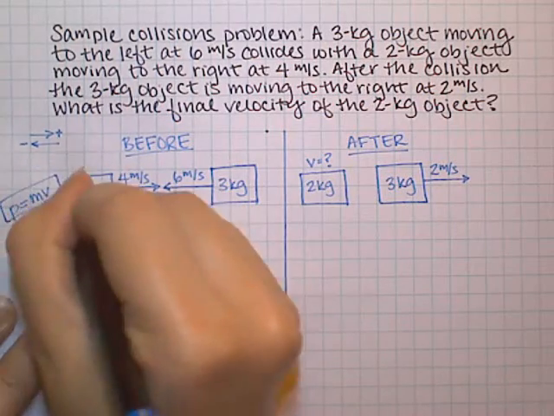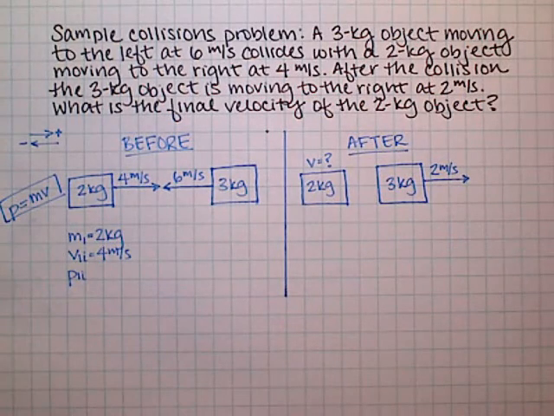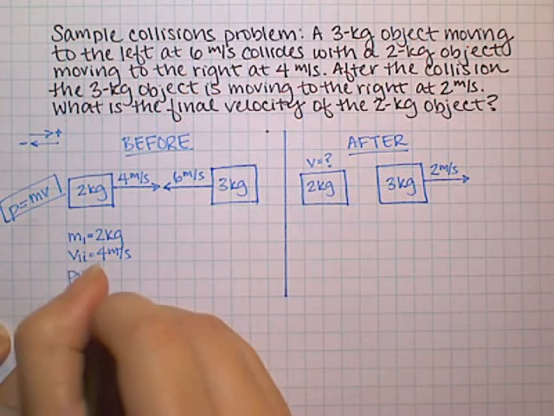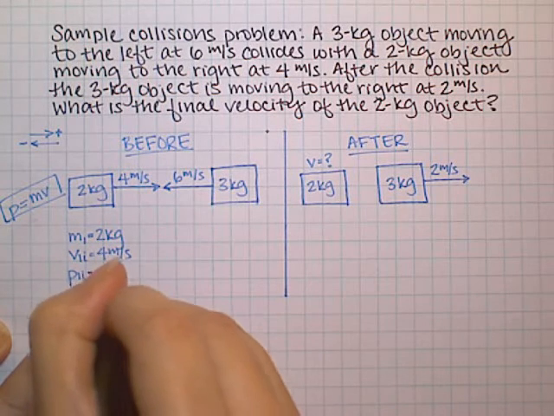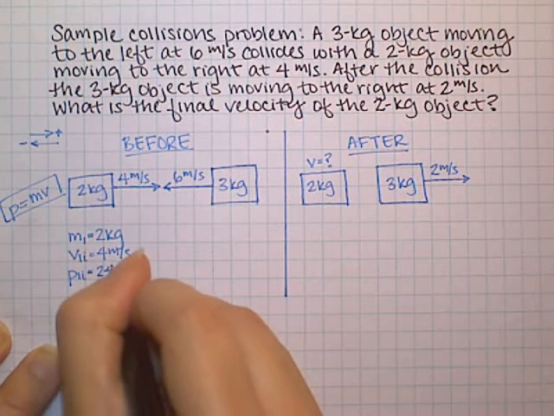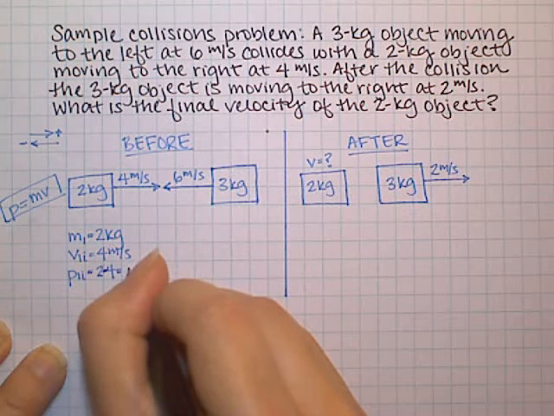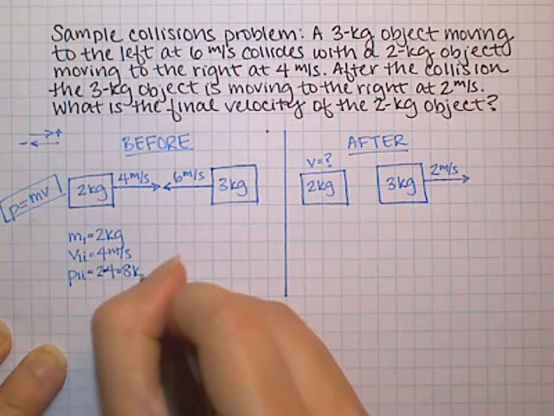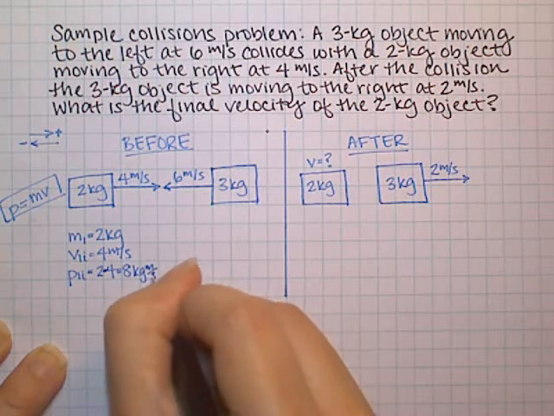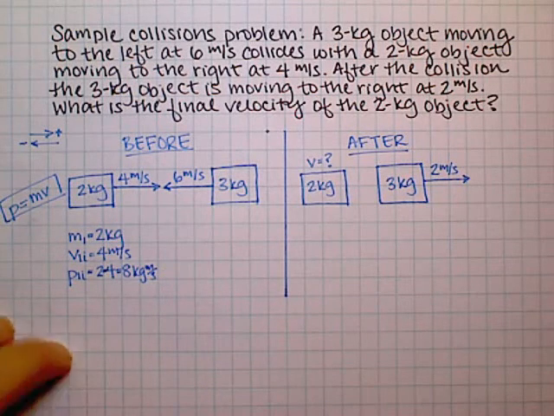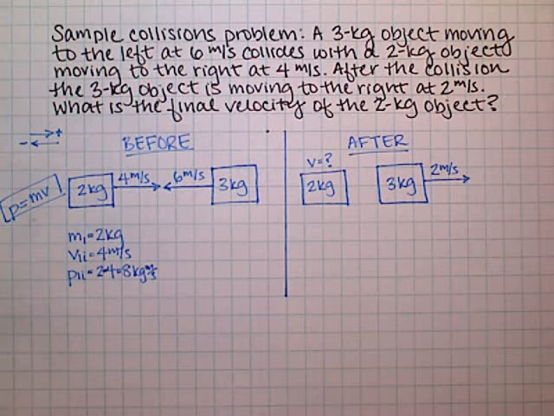That's going to be really important right there. So I'm going to multiply the mass times the initial velocity for my first object. My momentum of my first object initially is going to be 2 times 4, which is equal to 8 kilogram meters per second.